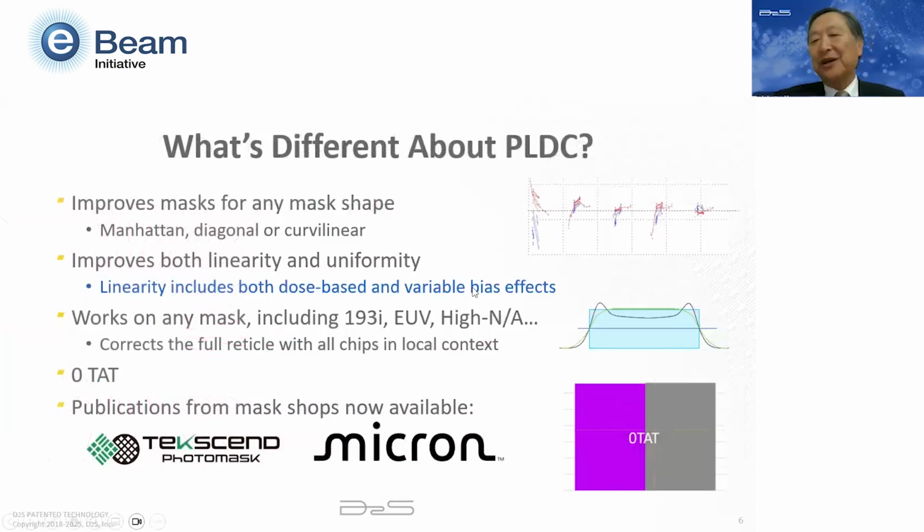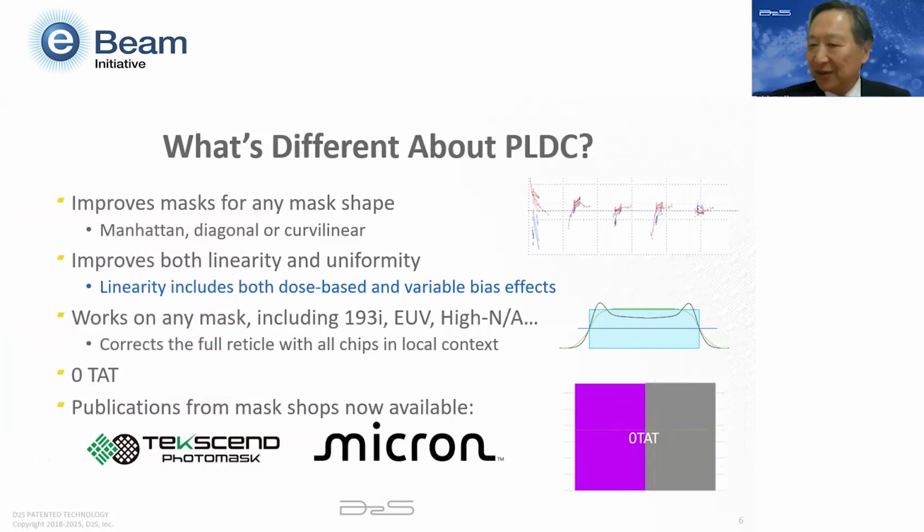So what's different about PLDC? I mentioned any mask shape. It's any mask shape because it's PL, pixel level dose correction. It's not working with vertices, it's working with pixel doses.